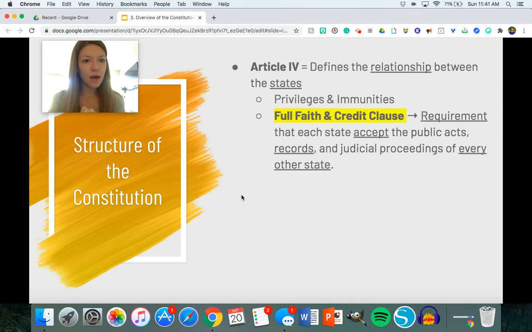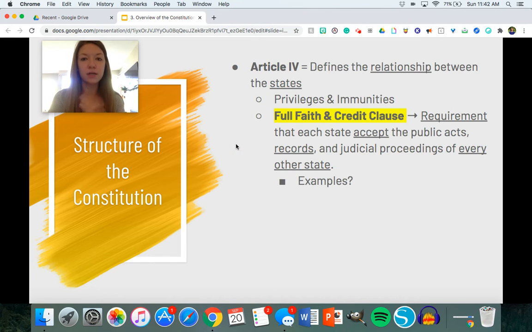Now, that does not mean that I'm only married in Kentucky, right? That would be ridiculous. So all of the states, all 50 states, accept the legality of my marriage because it's still a legitimate document, okay? So just because it says one state, all of the states have to accept that as legitimate.